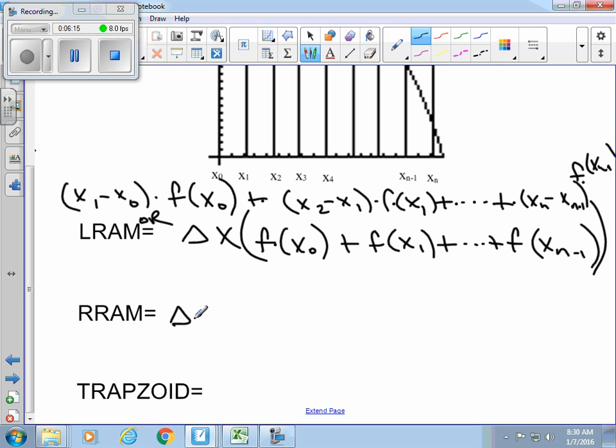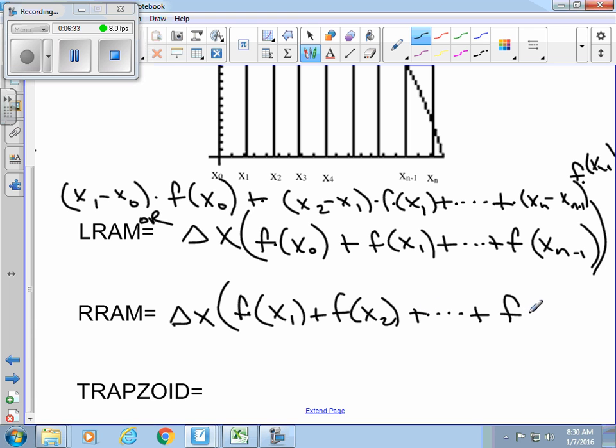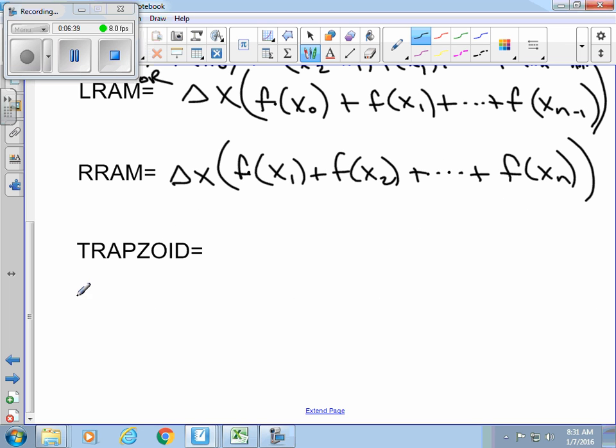Okay, but for the others, what's different about our right RAM? I'm going to start at f of x sub 1 and go all the way to f of x sub n. Trapezoid.